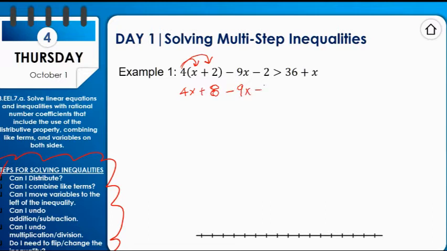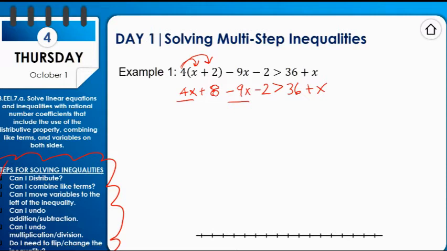So I bring down everything else. 9x minus 2 greater than 36 plus x. So can I combine like terms? If we look at 4x and negative 9x, those terms are alike. We have a variable of x raised to the same power.